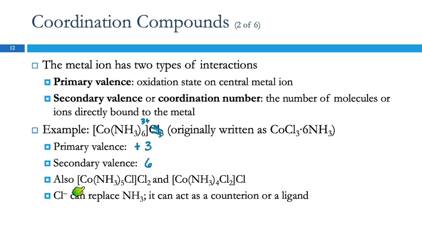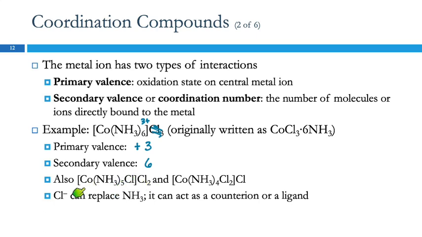We can also have other compounds that have a similar overall chemical formula, right? So we can have Co(NH3)5Cl Cl2. I'm sorry, it's not the same formula, very similar. So here we've got 3 chlorines still, but one of them is a ligand. And so here the primary valence is going to be the same, and the charge on this is the same, because this is a -1 and those are both -1s.